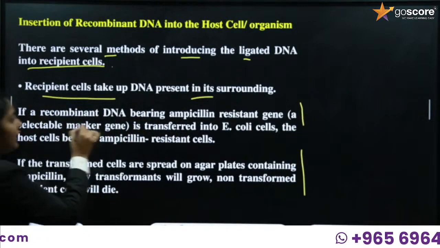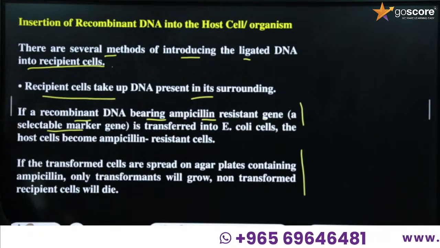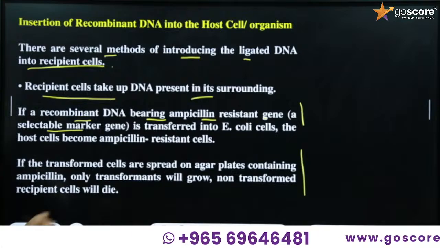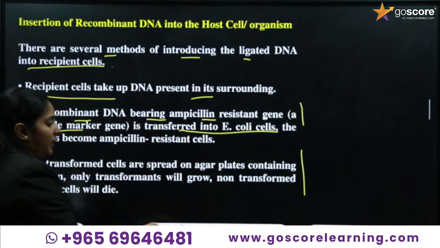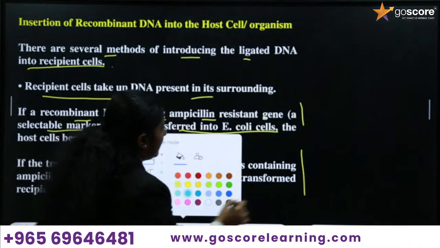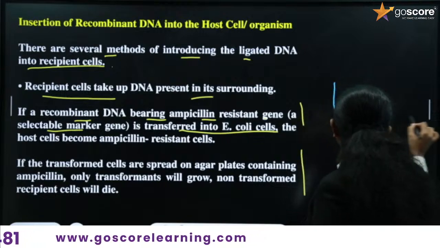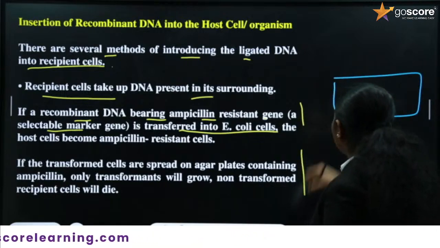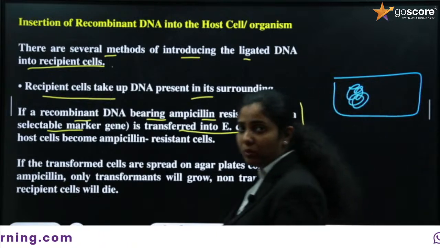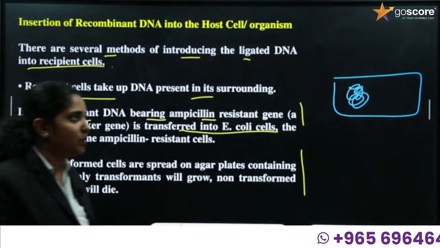If a recombinant DNA bearing an ampicillin resistant gene, a selectable marker gene, is transferred into E. coli cells, we can consider a bacteria. This bacteria has a nucleoid, not a chromosome, since it does not have a nuclear membrane.